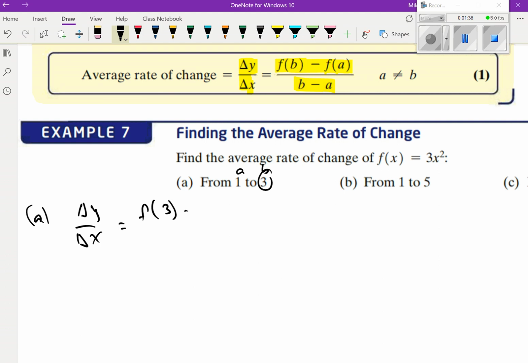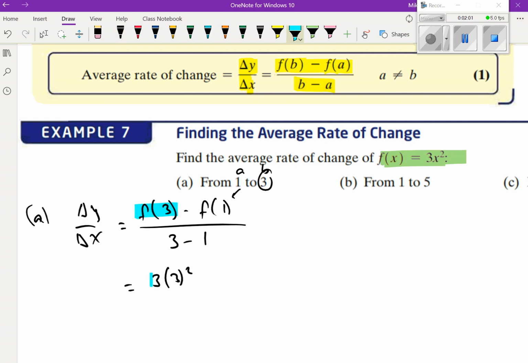So f of 3 minus f of 1 over 3 minus 1. Now we can do a substitution because our f of x is 3x squared. We can come back through here and say, all right, I want 3 times 3 squared. That, in this case, is f of 3.